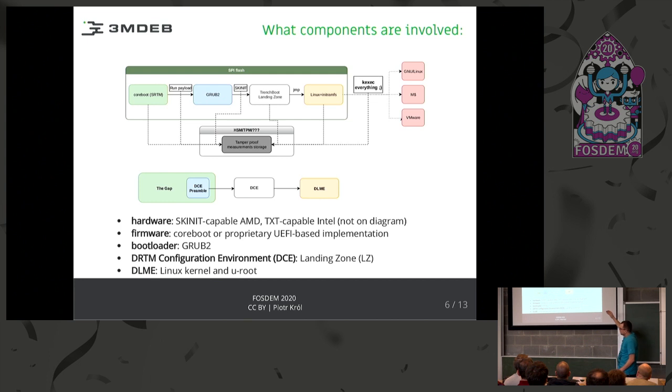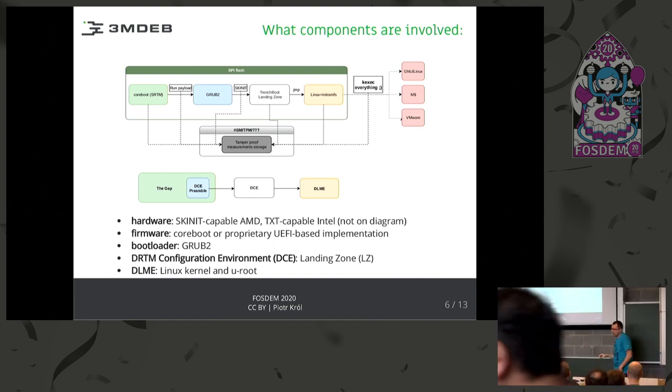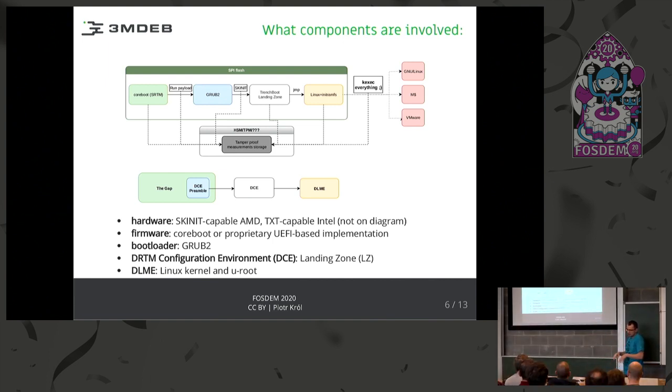GRUB implements all the things that are necessary for preparing the environment for running SKINIT, which is a special hardware command equivalent to the dynamic launch event that I showed on the previous slide. Then we execute a special small binary, which is called the landing zone. And this landing zone has all the primitives to re-establish trust on this platform.